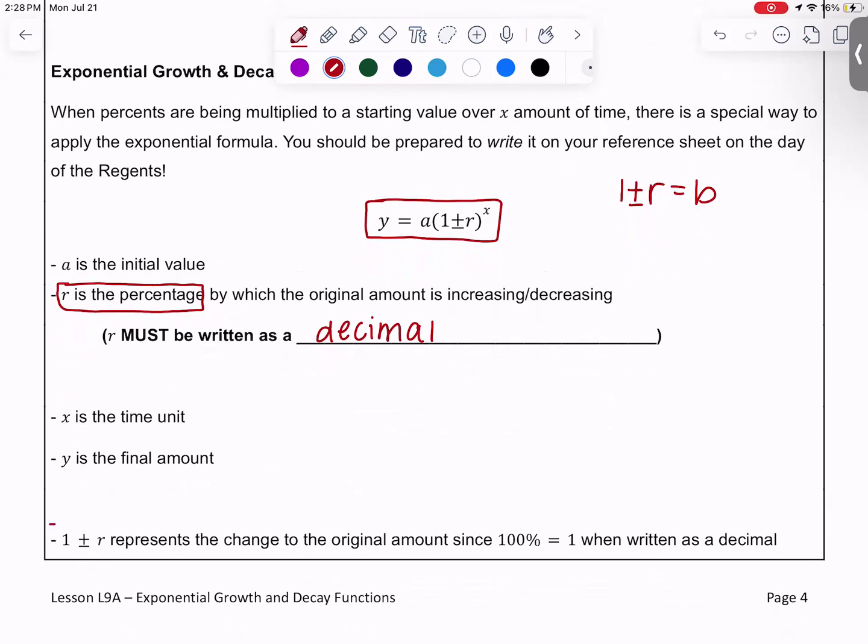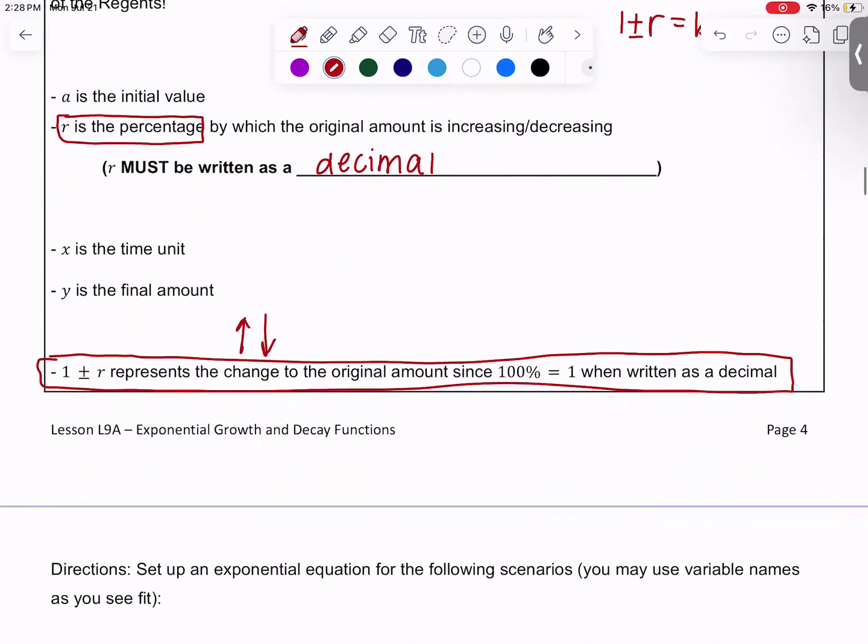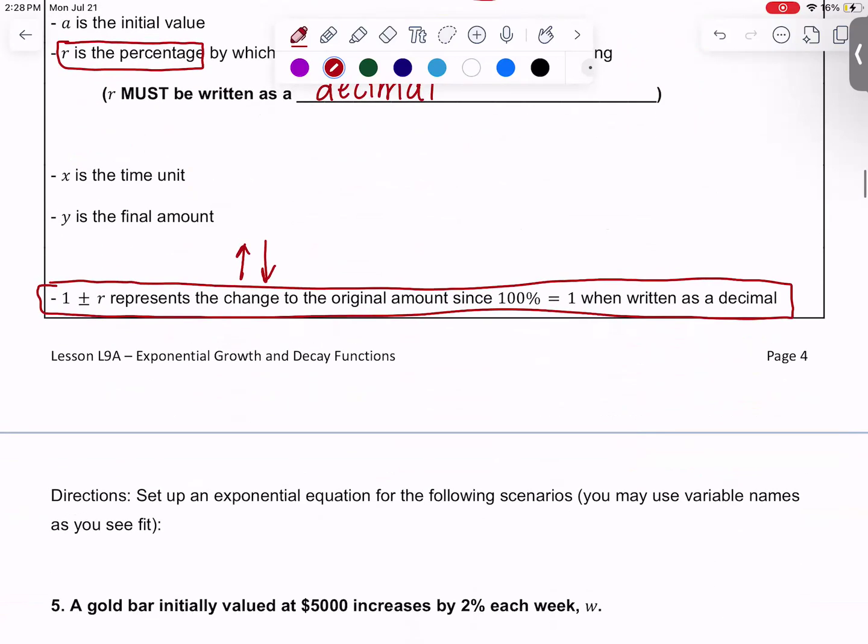Box it at the bottom. 1 plus R, box the whole thing. 1 plus R represents the change to the original amount, since 100% equals 1 when written as a decimal. And that change can either be an increase or a decrease. So you can add or subtract to 100 or to 1. Let's go to the next page.